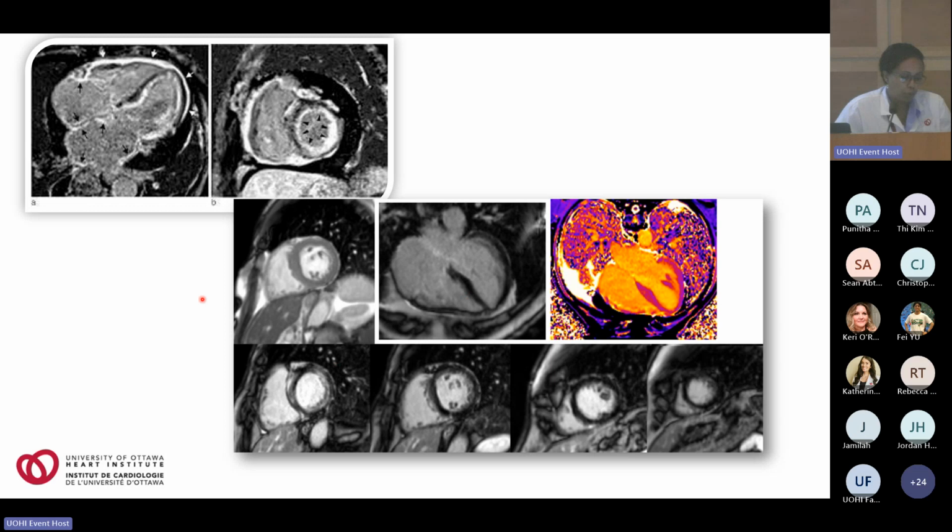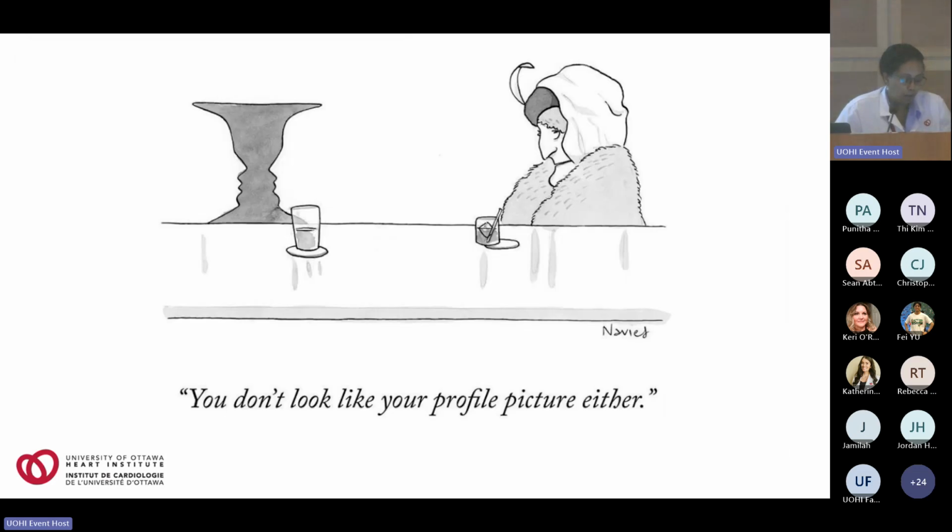And this is to point out that not all cases present as their profile picture in textbooks or in presentations. So with more awareness and recognition of diseases and more people being sent for imaging, we fall into this dilemma of when to call early disease and when not to.